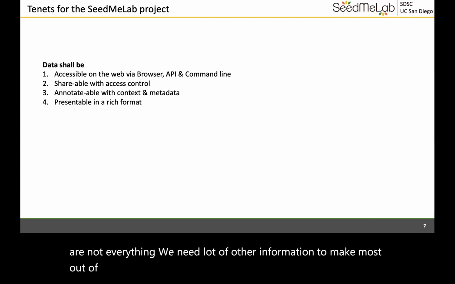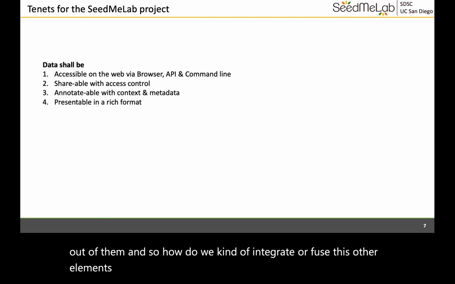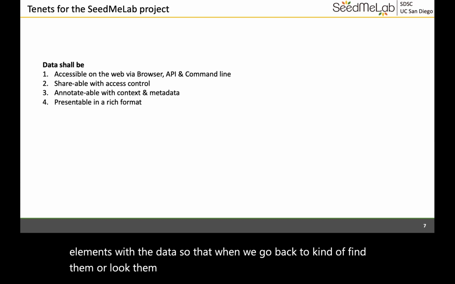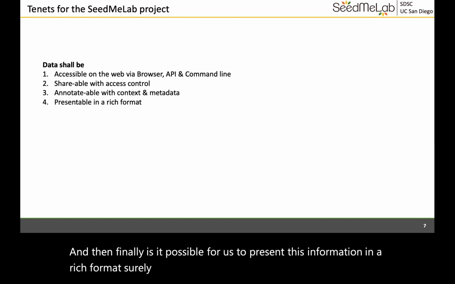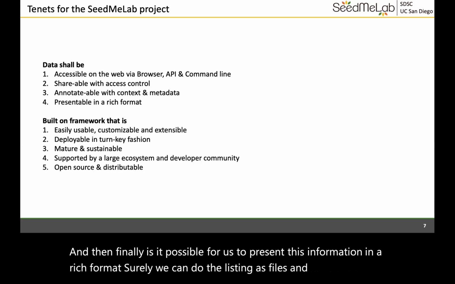And so how do we integrate or fuse these other elements with the data, so that when we go back to find them or look them up, all this information is available to us? And then finally, is it possible for us to present this information in a rich format? Surely we can do the listing as files and folders, but can we do better?